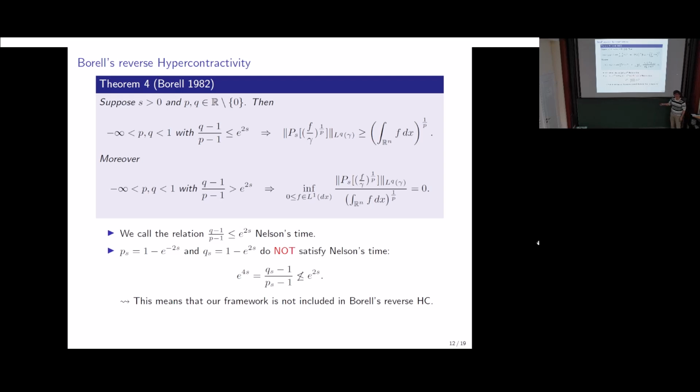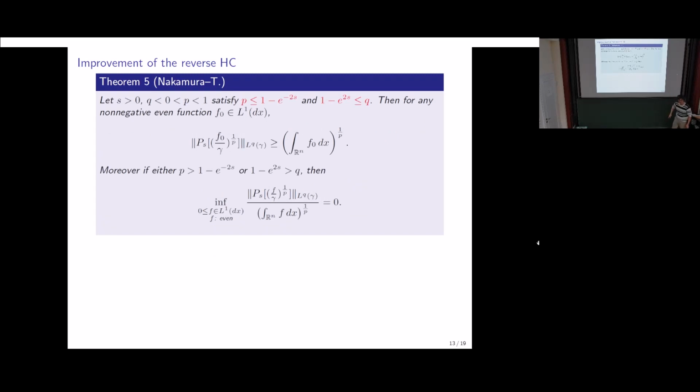This means that we cannot obtain the reverse hypercontractivity for general functions. However, we should also remark that the Brascamp-Lieb inequality needs some evenness of input functions. So our problem becomes: can we expect reverse hypercontractivity for this exponent if we impose evenness on the input function? About this problem, the answer is yes, and actually we can show the reverse hypercontractivity for this exponent.